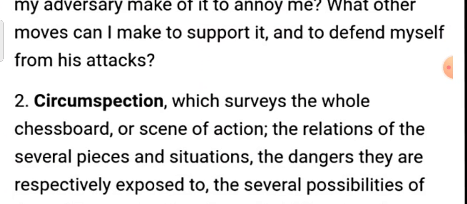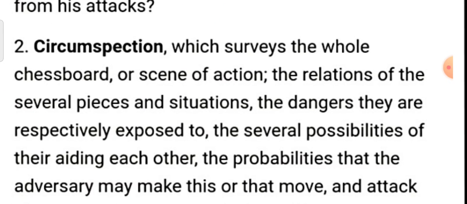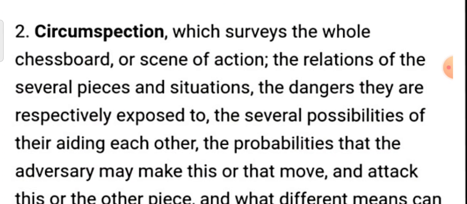The next thing Franklin speaks of is circumspection. Now what is circumspection? Circumspection is something which surveys the whole chessboard, the total world which is in front of the player who is playing the game, or the scene of action which is in front of him.